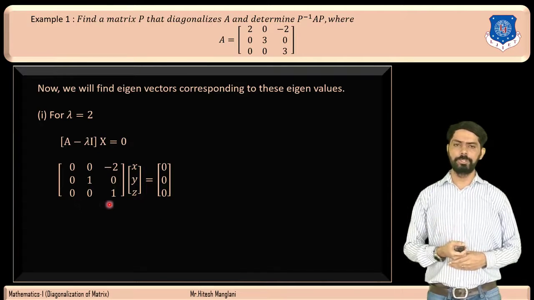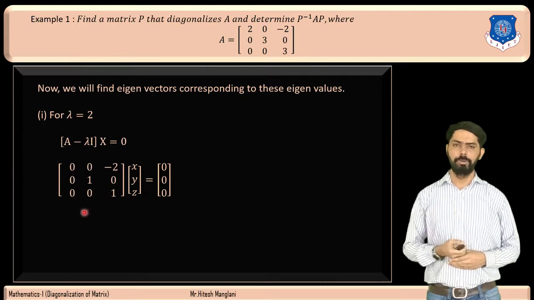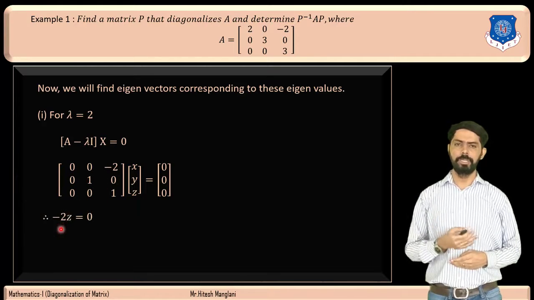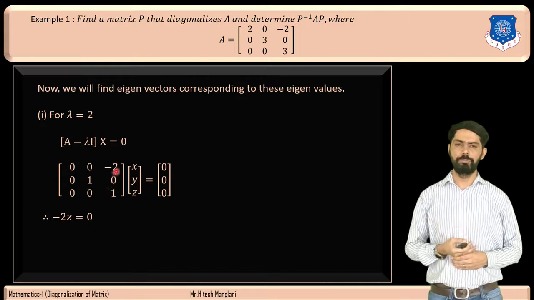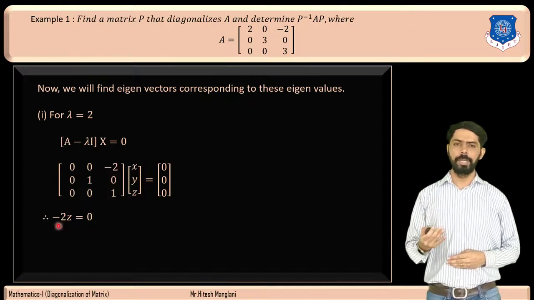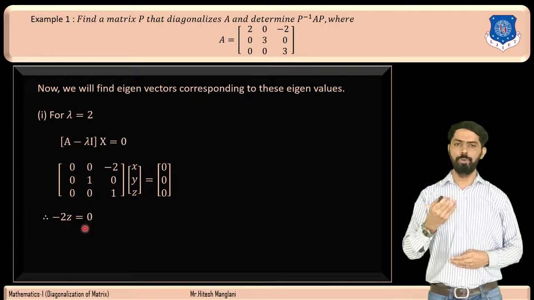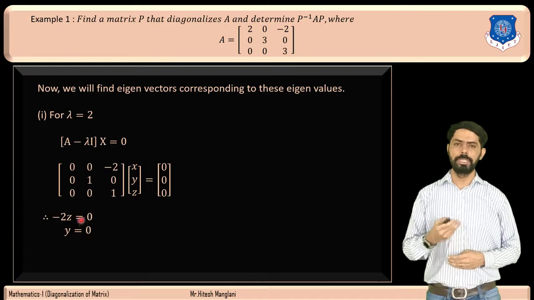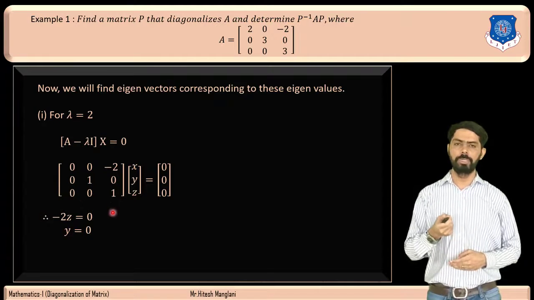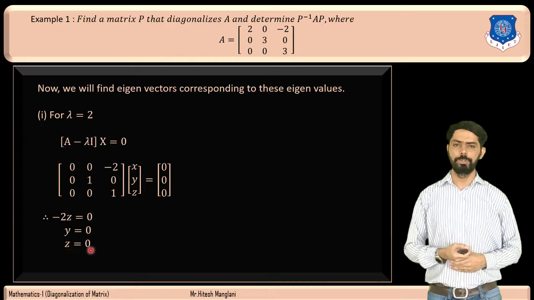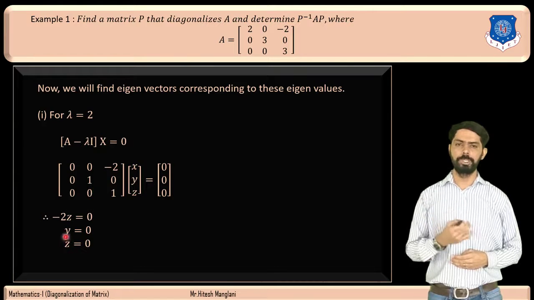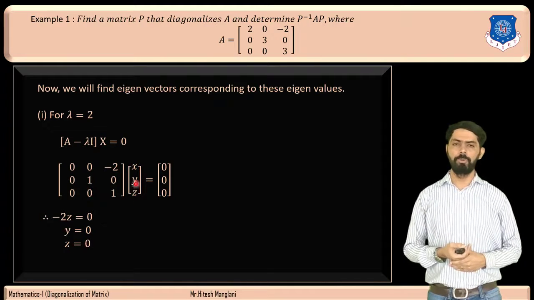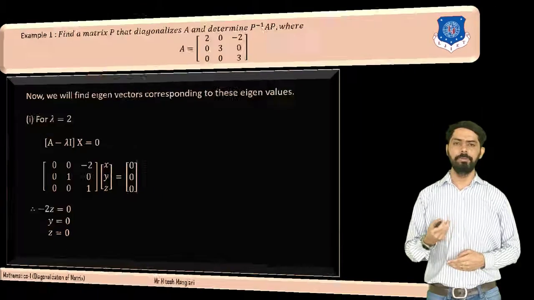Now if we write equations from this matrix, the first row gives minus 2z is equal to 0, the second row gives y is equal to 0, and the third row gives z is equal to 0. Therefore y is equal to 0 and z is equal to 0. But we have no information about x, so x may have any value; x is a free variable.